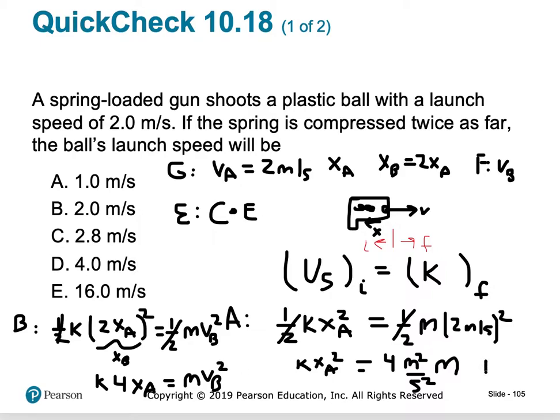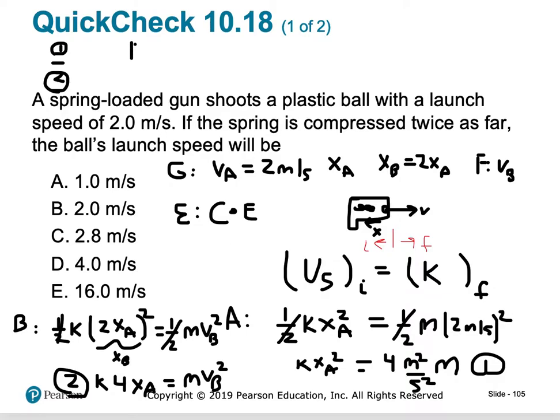So we're going to call this equation over on the right equation 1. We're going to call this equation on the left equation 2. And we're going to divide equation 1 by equation 2. So let's take equation 1 and divide it by equation 2 so we can ratio and get rid of some of our values. So here's equation 1.